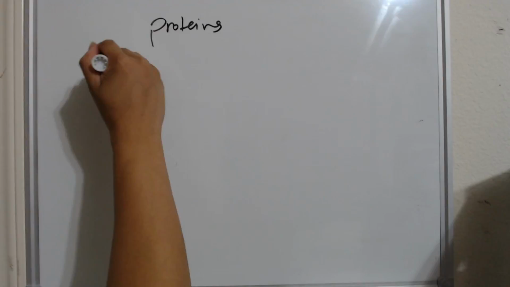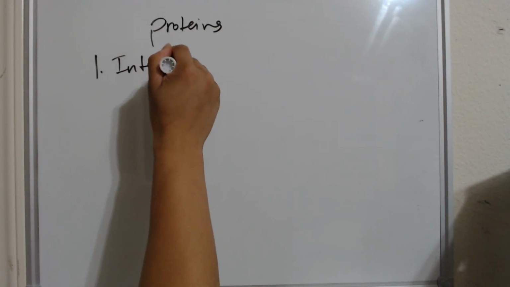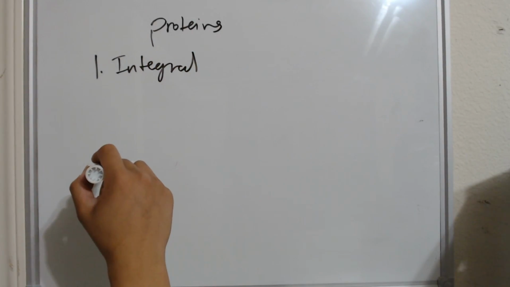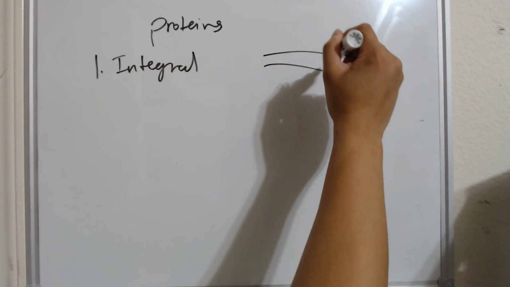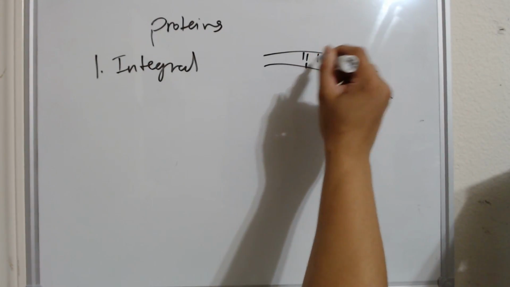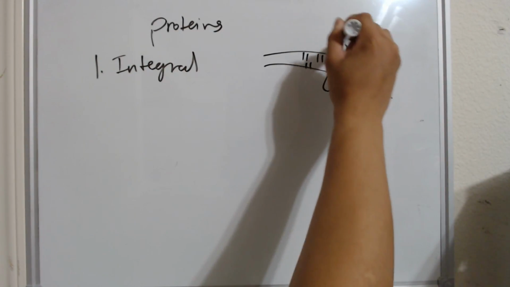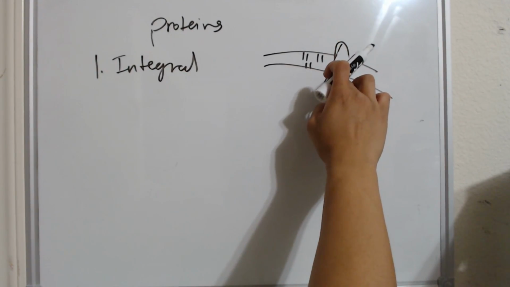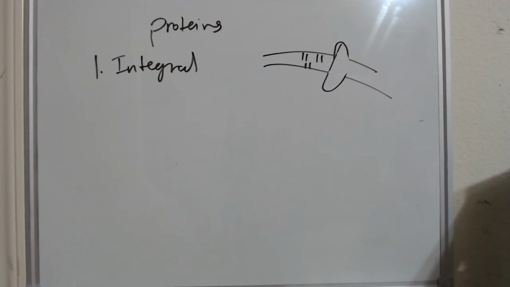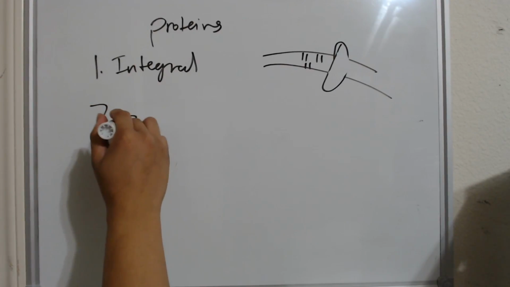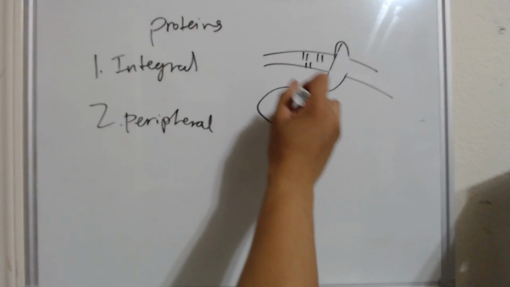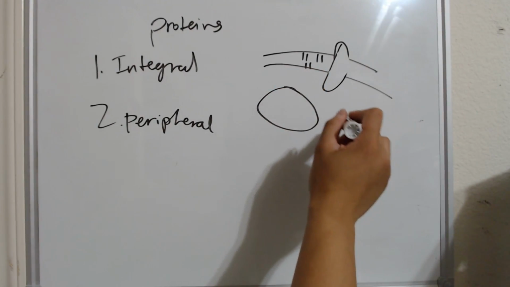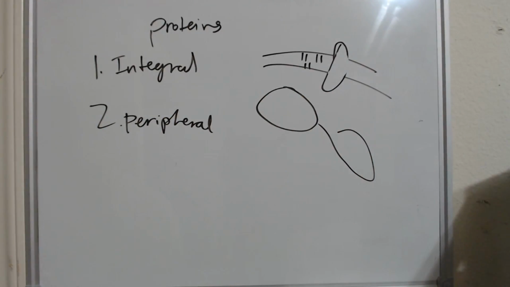There are integral proteins, and integral proteins are embedded in the plasma membrane. So here's the plasma membrane and stuff. Integral proteins are like channel proteins, like that. And there are peripheral proteins, which are proteins that are just in the cells like this, like that. Those are peripheral proteins. They're anchored by weak bonds.